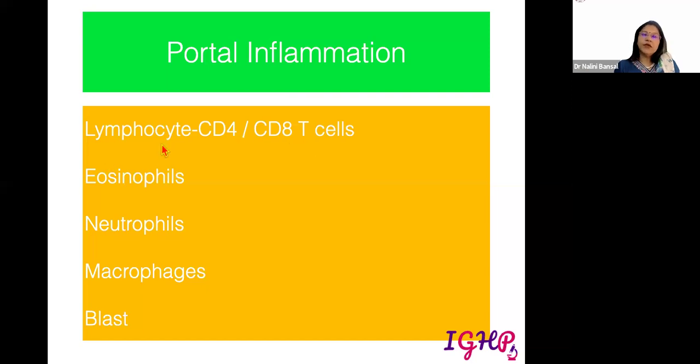So whether the component is made up of lymphocytes, eosinophils, neutrophils, macrophages, and there could also be some lymphoblasts which are seen within the infiltrate. So when we talk of rejection infiltrate, we are actually talking of a mixed infiltrate, dominantly lymphocytes, and there is also a fair proportion of eosinophils, neutrophils, macrophages, and some blast cells.